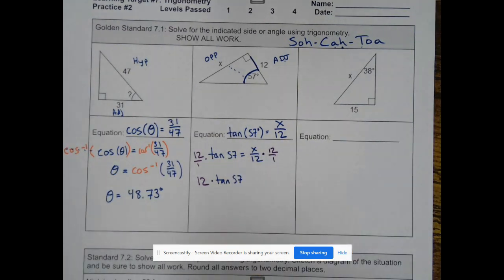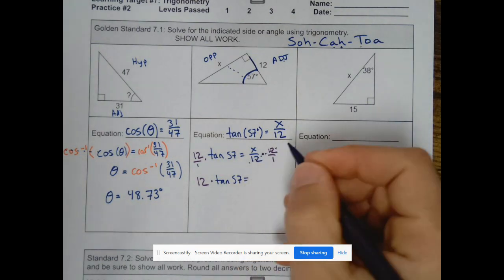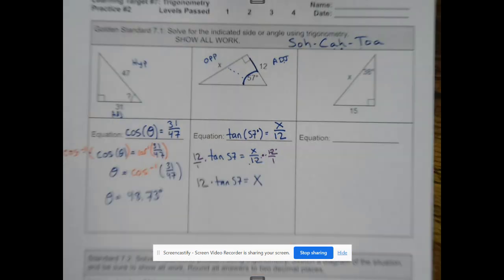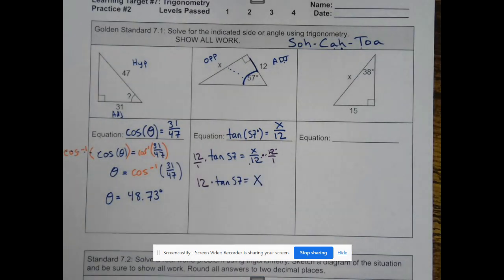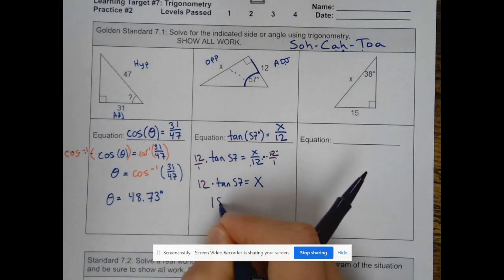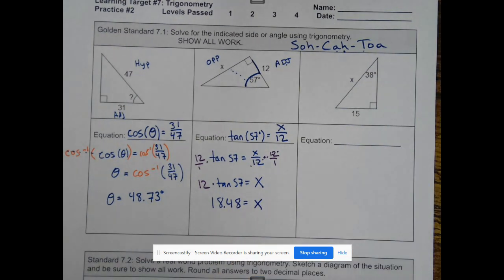And that's going to equal what's left over. Well, I multiply by 12 to cancel out dividing by 12, so I'm left with just x. At this point, I put it into my calculator, 12 times the tangent of 57 degrees, and I should get 18.48 equals x.